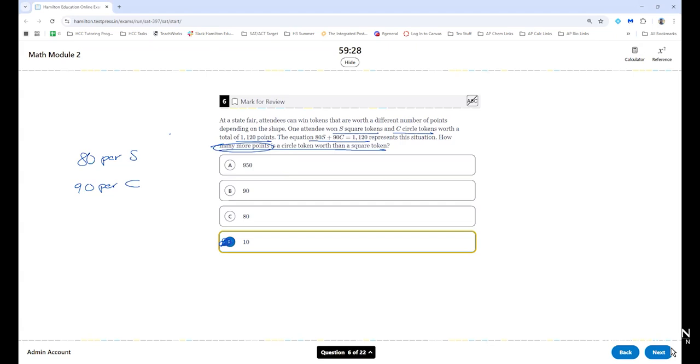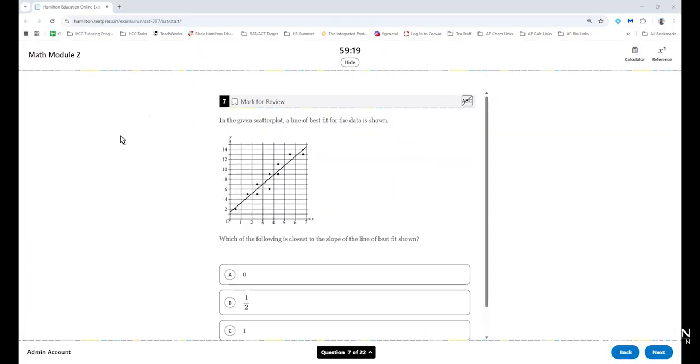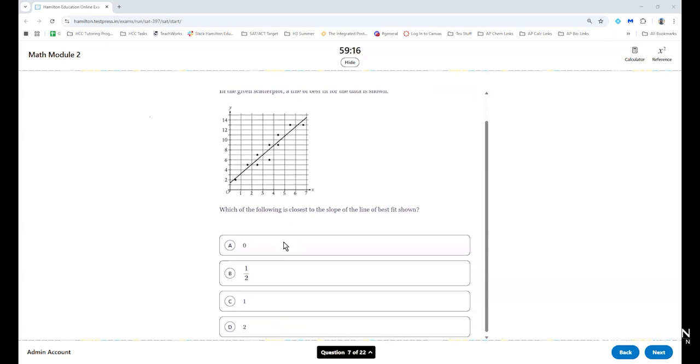On to question 7. In a given scatter plot, a line of estimate for the data is shown. Which line is closest to the slope of this data? Well, I see one point pretty obviously right there. That looks pretty good. And is there another point that you see pretty easily? Well, that one's pretty close, so we could probably estimate that. We could also estimate that one.